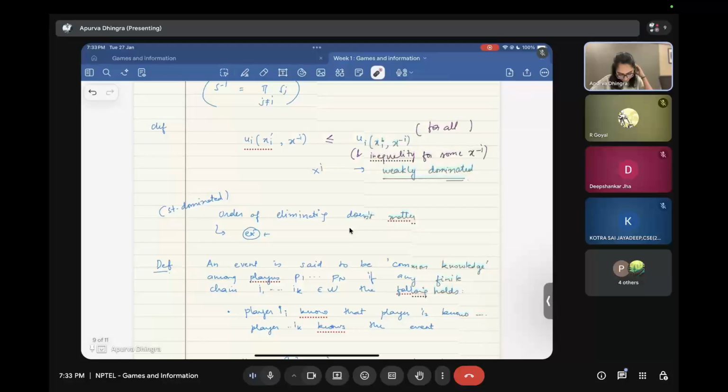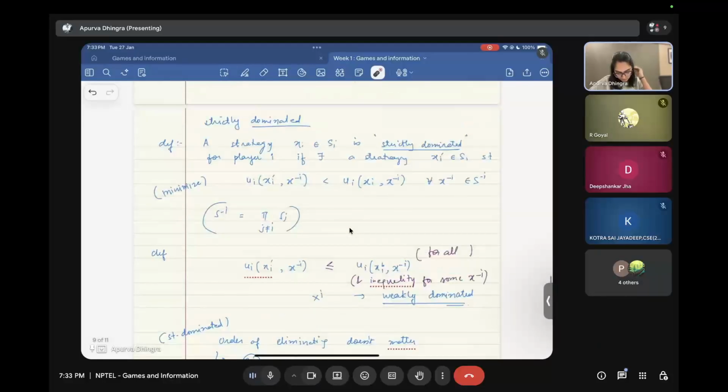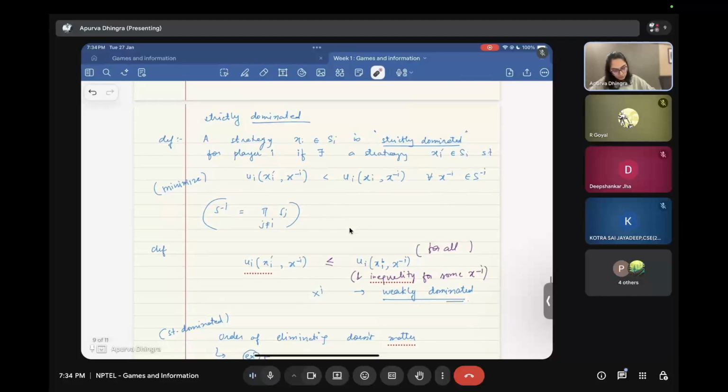Okay. So these were the definitions for strictly dominated and weakly dominated strategies. Now, when we talked about all of this, we talked about something called rationality, and we said that rationality is assumed to be common knowledge.